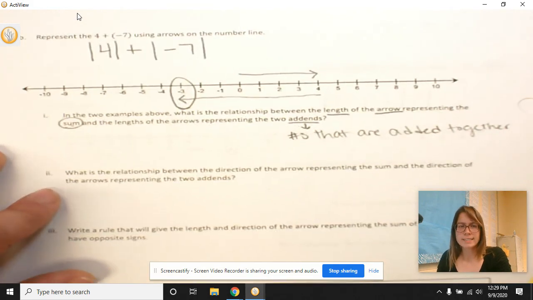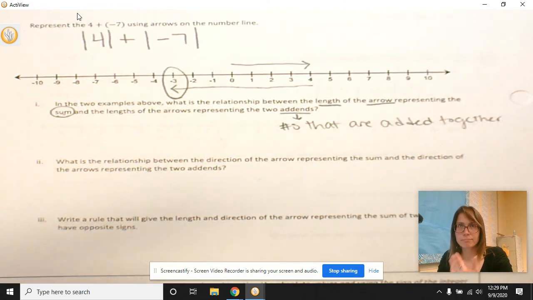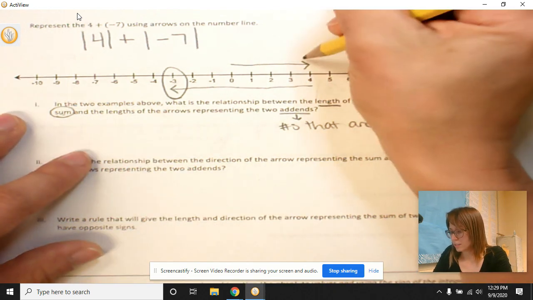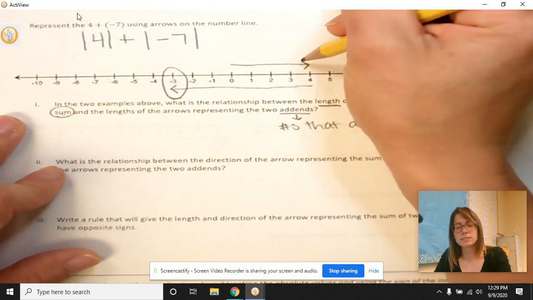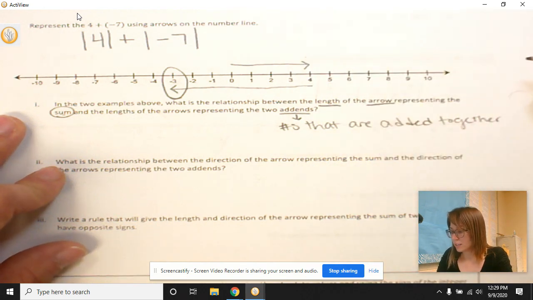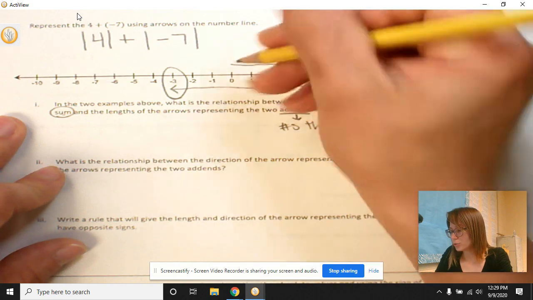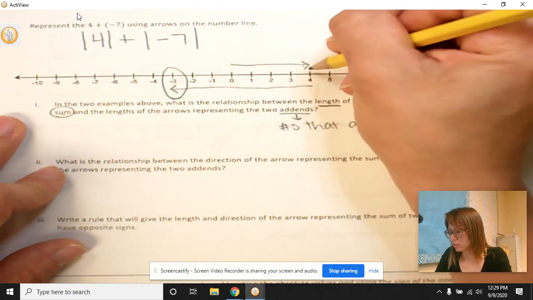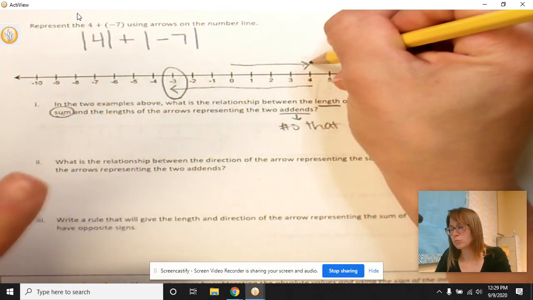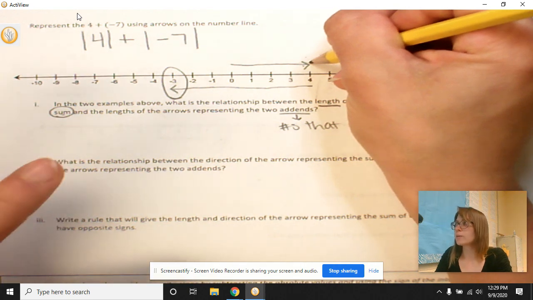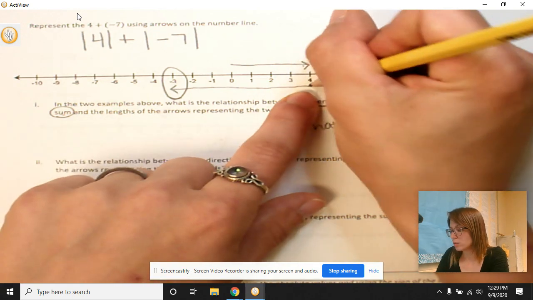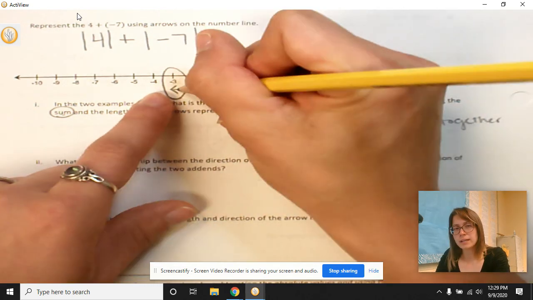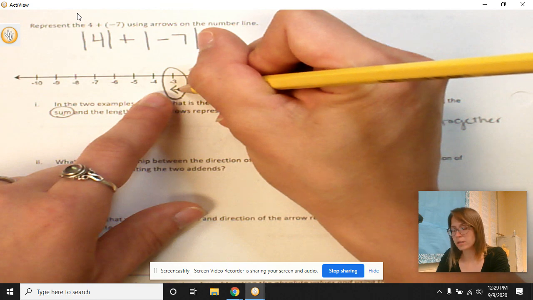Okay, so they're asking me what is the relationship between, let's see how to explain this. I needed to draw 2 arrows to represent the two numbers, when in reality, I could have just started at 4 and drawn my arrow to the left to meet this -3 here, right?